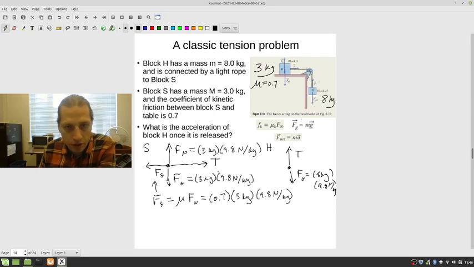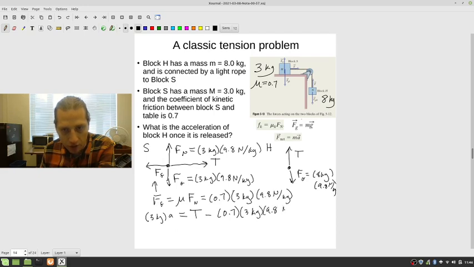Okay, so what would I do here? I'm going to set up my F equals ma in both cases. So my 3 kilograms times A equals tension pulling me forward minus 0.7 times 3 kilograms times 9.8 newtons per kilogram. Okay, so that's my F equals ma: here's my ma, here's my T minus the frictional force.